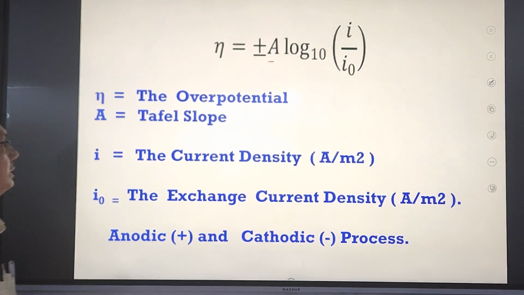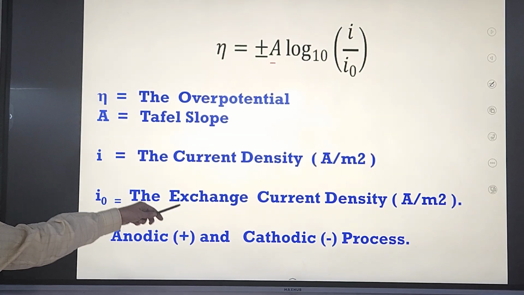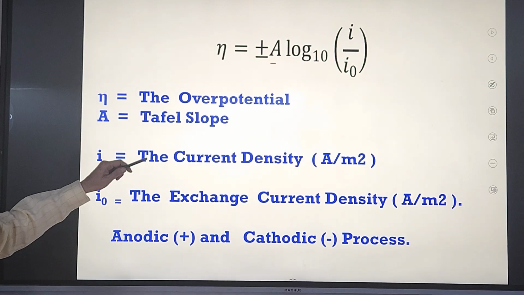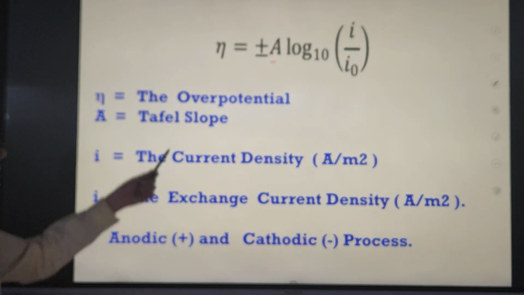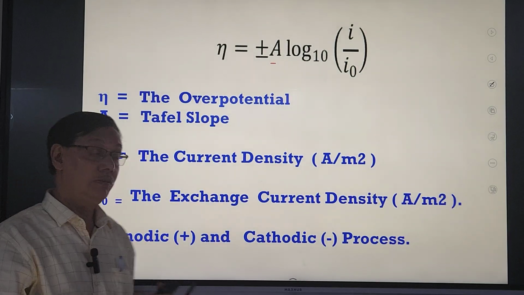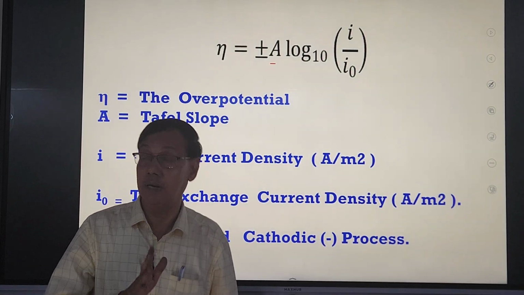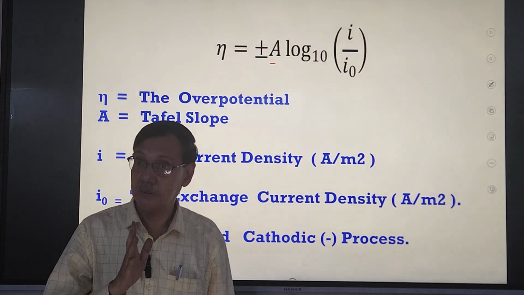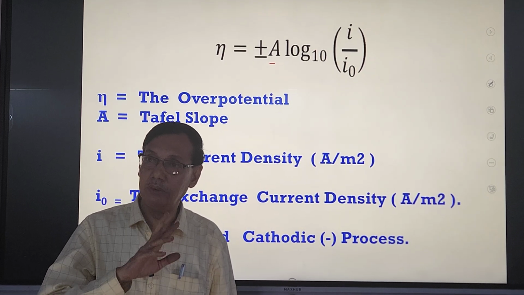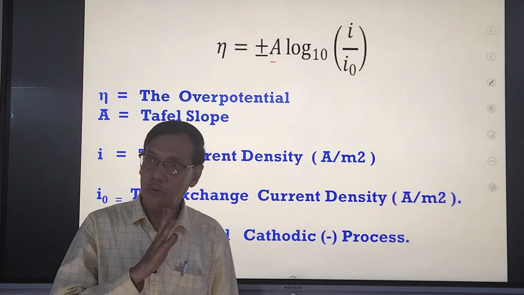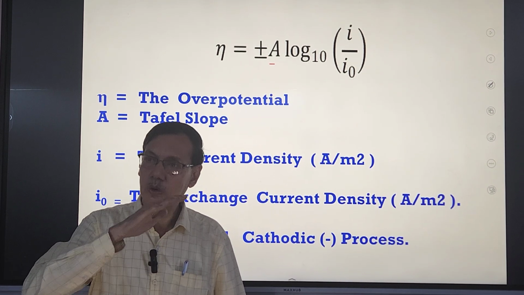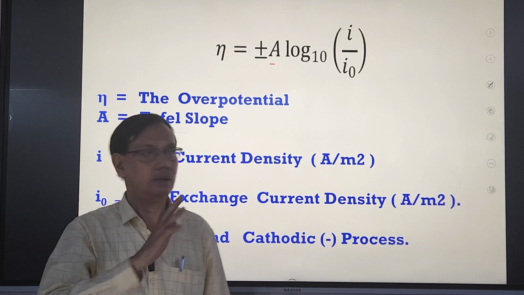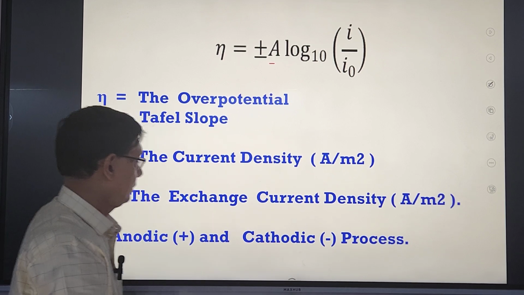I will explain all these things. Basically, exchange current density, overpotential, and plus minus. Why have we written plus minus? Because there will be two different conclusions. Bear in mind, for Tafel plots there are two: one for higher overpotential value and the second for lower overpotential.